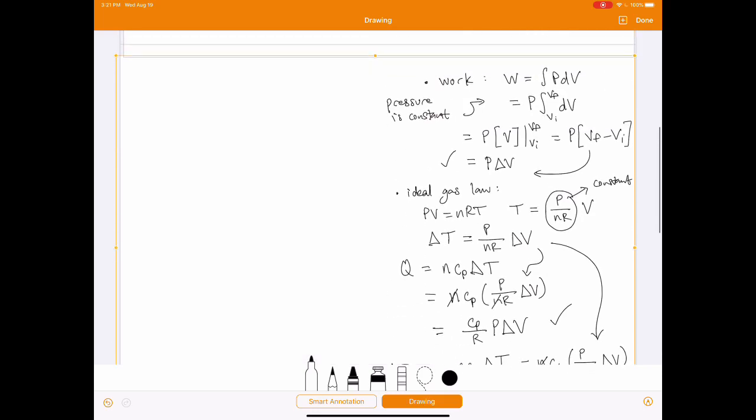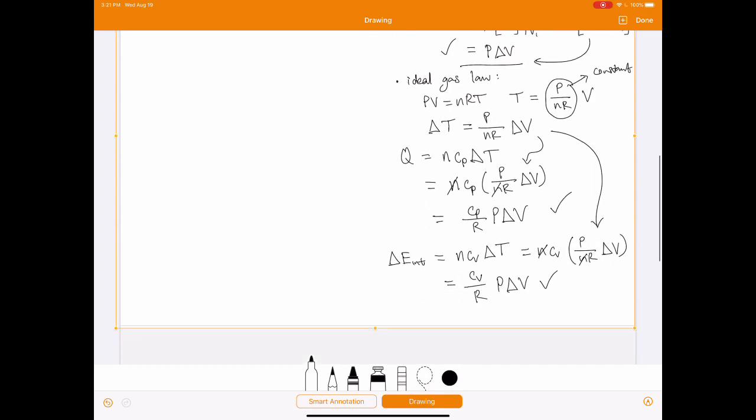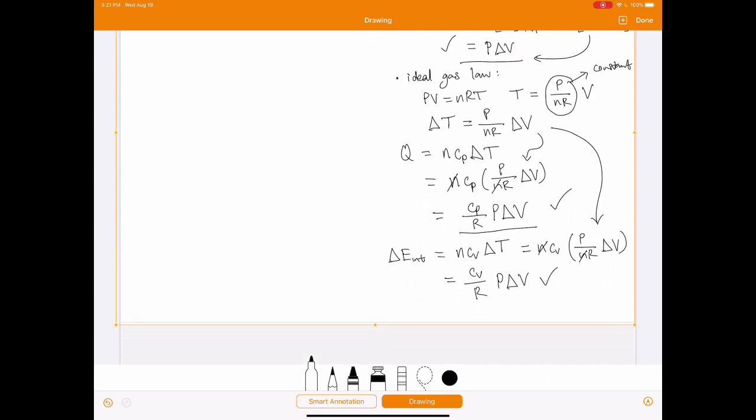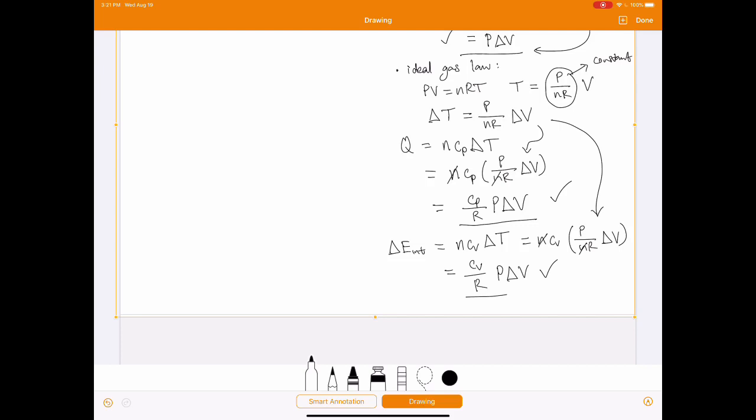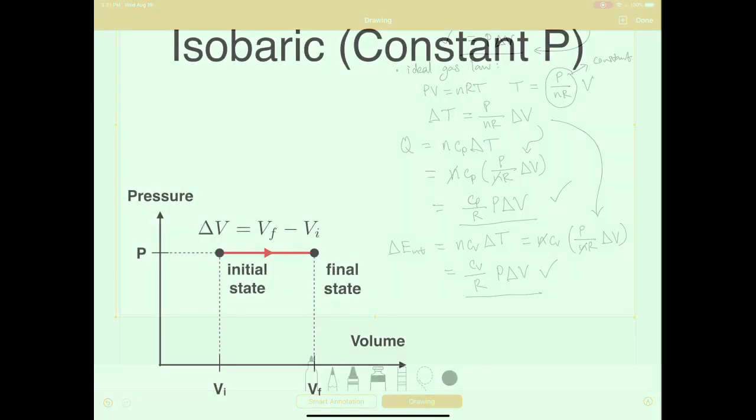We've worked out an expression for the work, the heat, and the internal energy change in a constant pressure process. We made sure that it was expressed entirely in terms of pressure and volume so that we can use a PV diagram to calculate everything.